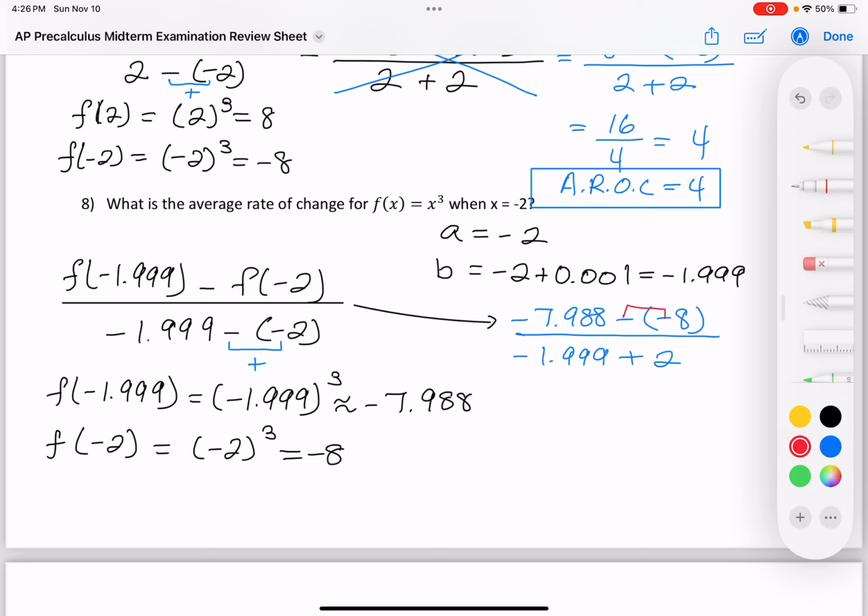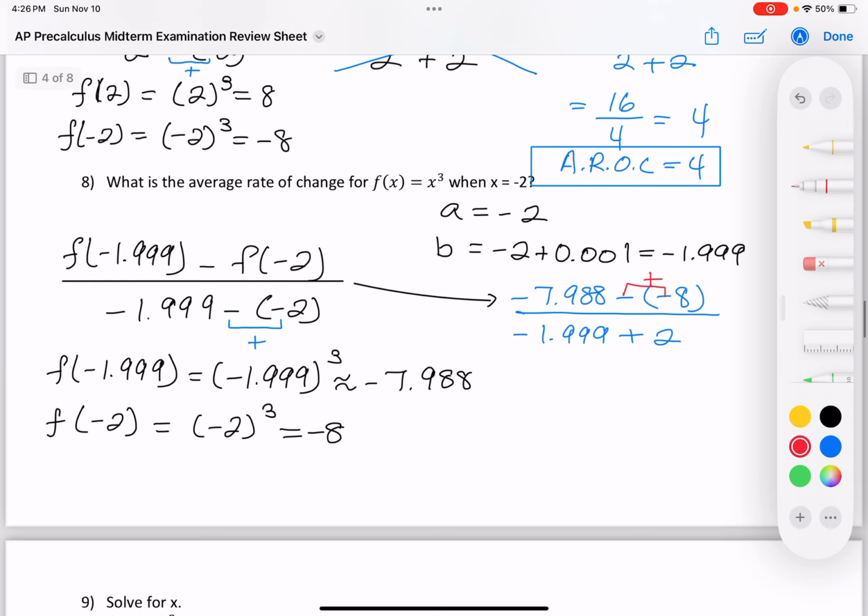When we add those together, negative 7.988 plus 8 is 0.012. And negative 1.999 plus 2 equals 0.001. When I divide the 2, that gives me 12.